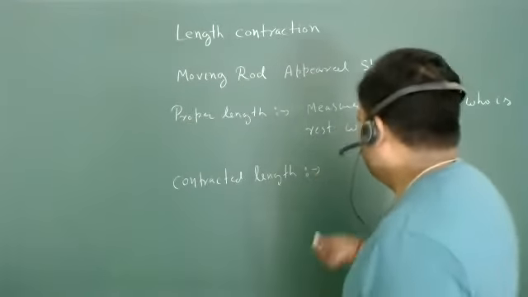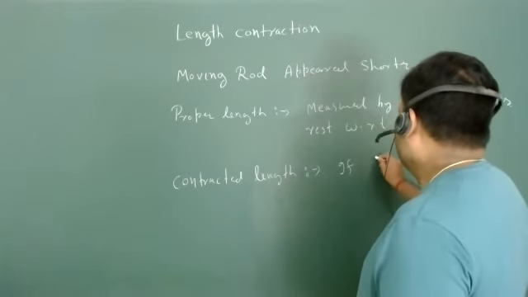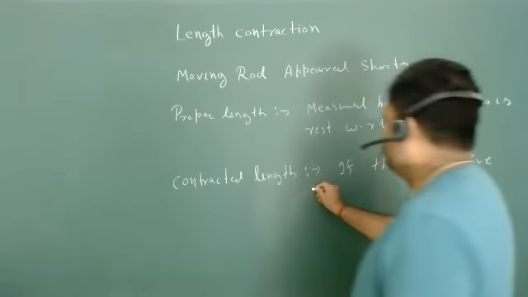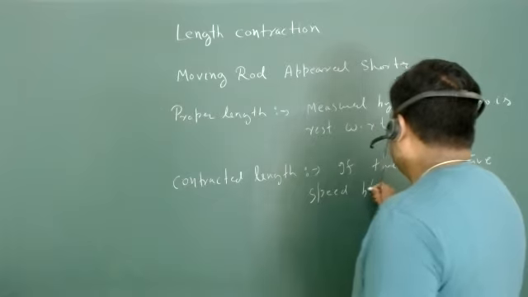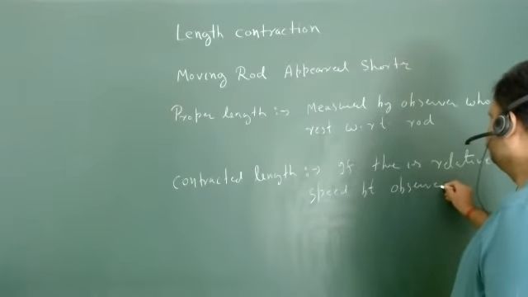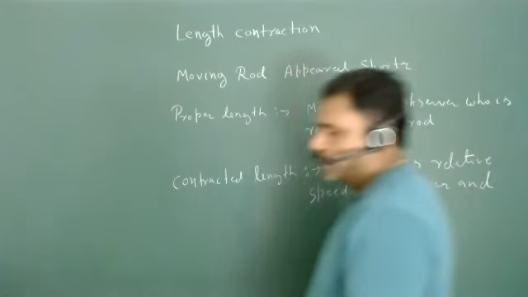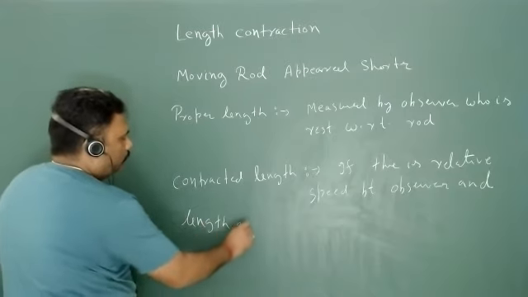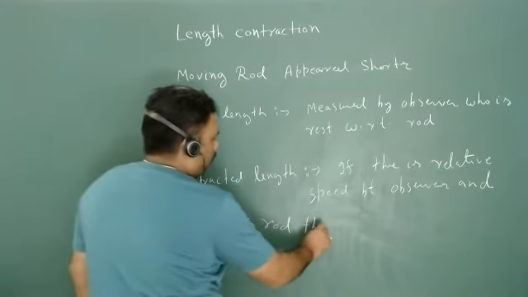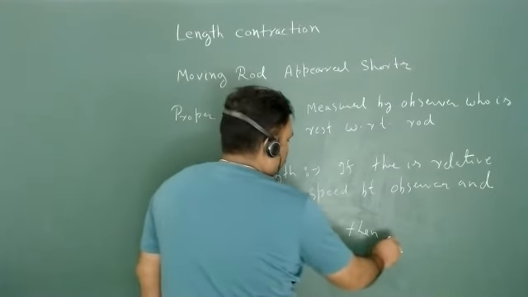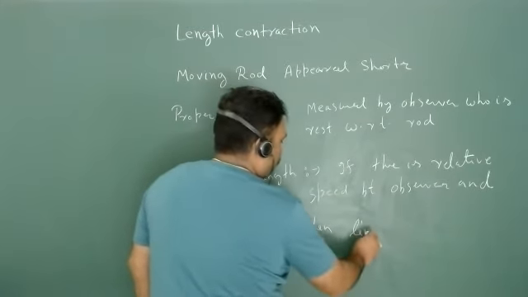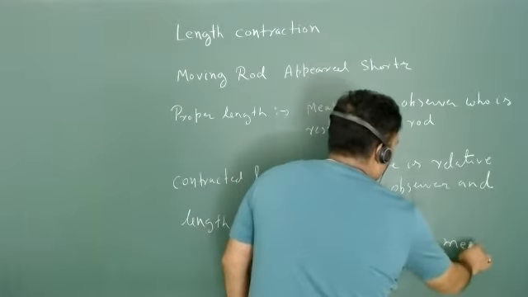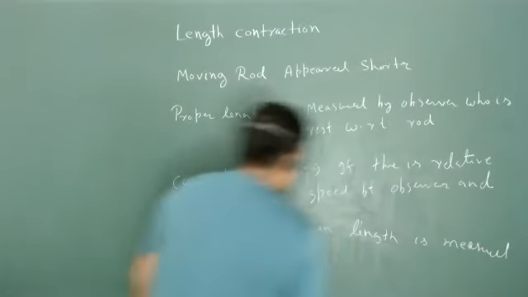So if there is relative speed between the observer and the rod, then the length is measured contracted.